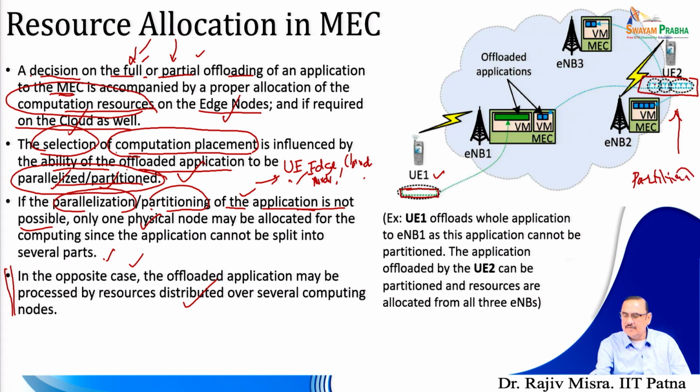Partitioned in the sense that this application has 3 different modules, 1, 2 and 3, whereas this user equipment has the application which cannot be partitioned and it can run as a whole application.